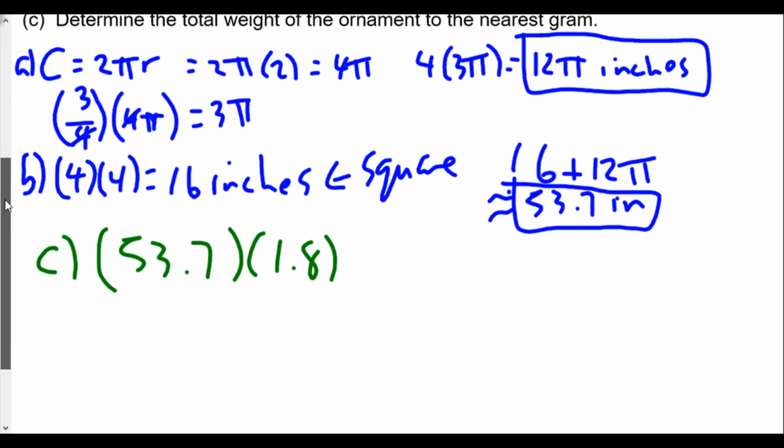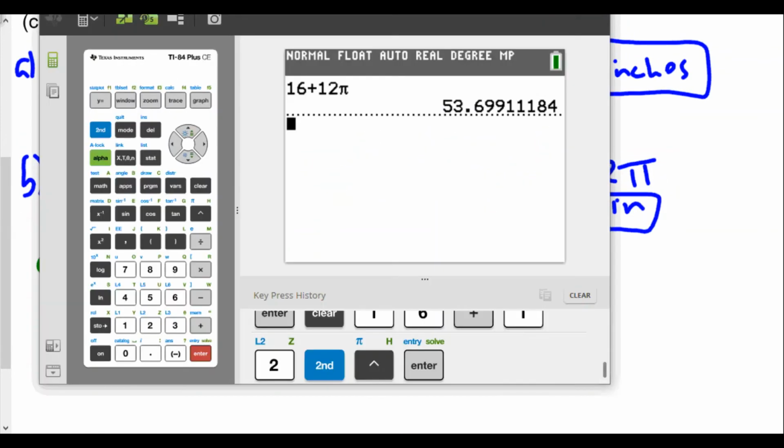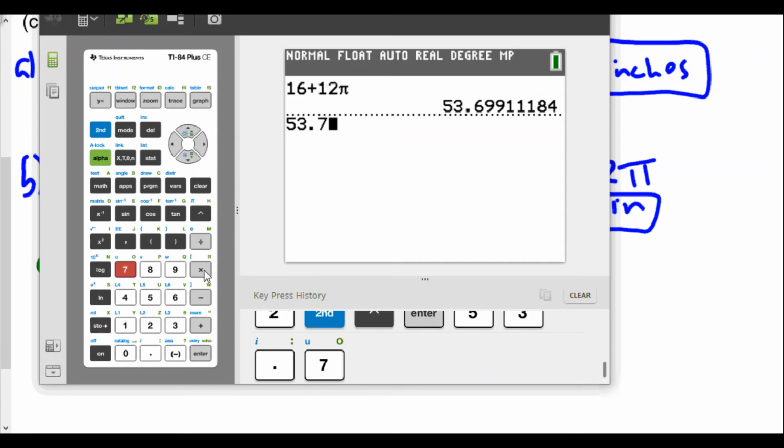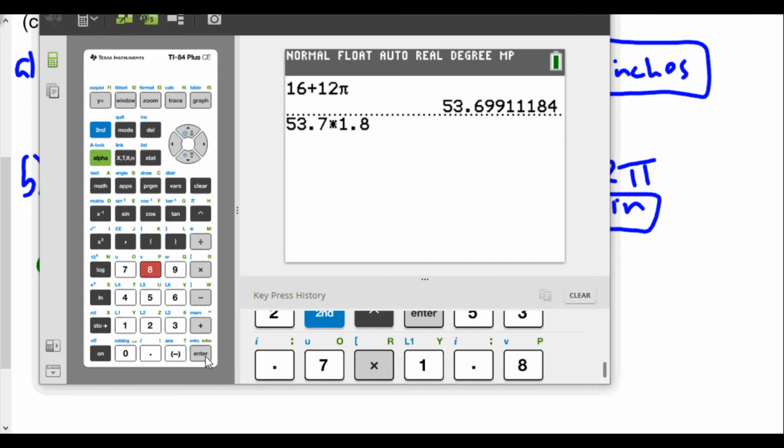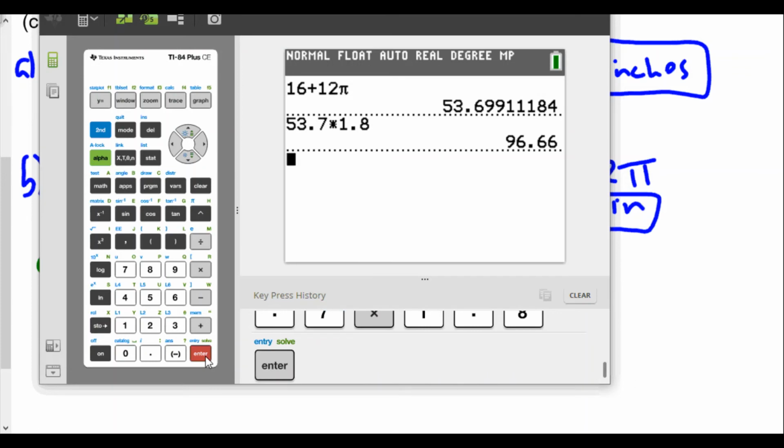Put the calculator up. So our calculator here, 53.7 times 1.8. Now we could have used the original amount. That would have been fine. We probably get the same amount anyway. And so 96.66, all right? And if we had gone up to this amount here, the original amount, yes, you can go up and highlight and enter, and then times 1.8.